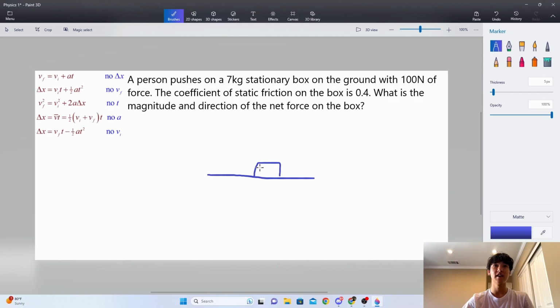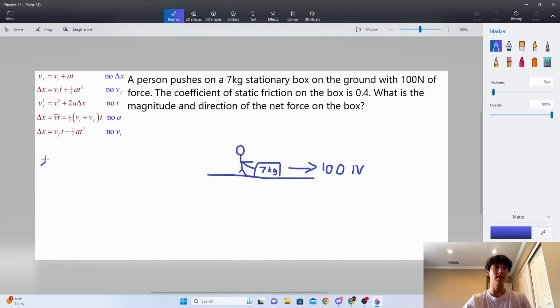And this is a 7-kilogram box. And it has 100 newtons of force. A person is pushing with 100 newtons of force, which means it's going this way.